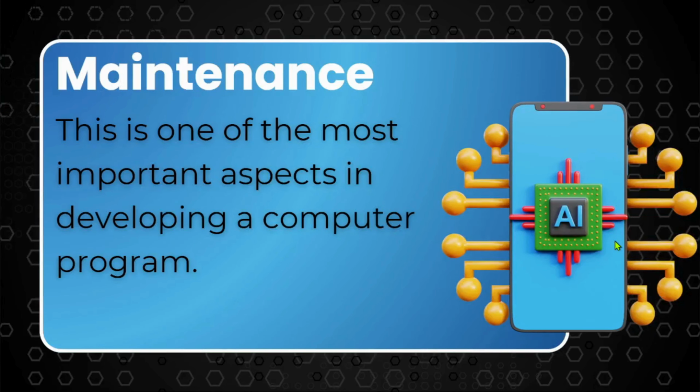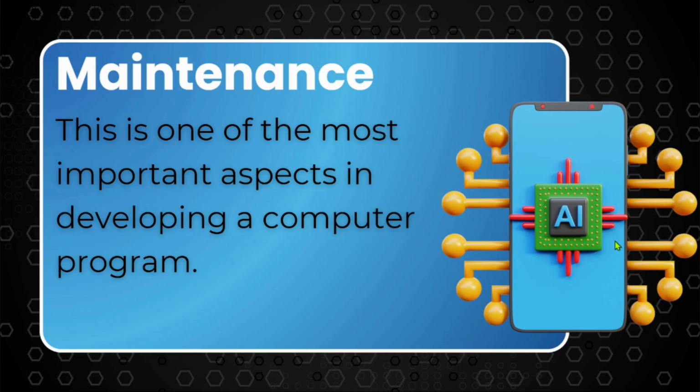During the implementation of the system, there are some changes to the program that will occur depending on the nature of the system that is being developed. Okay? And this is one of the most important aspects in developing a computer program, because we are not just creating something, no?